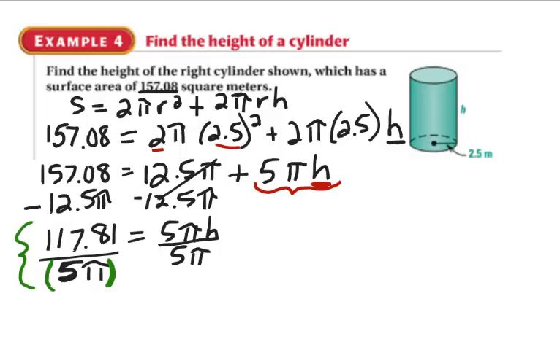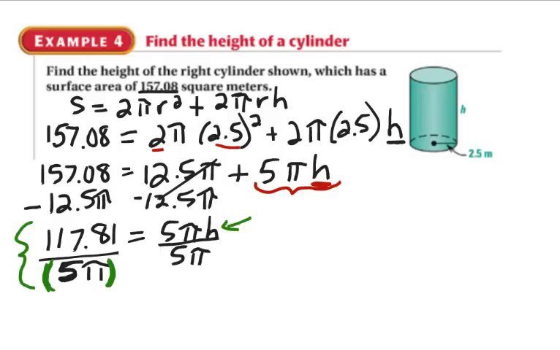If you don't do that, it's going to divide your 117.81 by 5, and then it's going to multiply by pi, and you will get a wrong answer. So make sure you're putting that in parentheses, or in this step you could write 5 pi as its decimal form. Okay, so that's just a tip there.